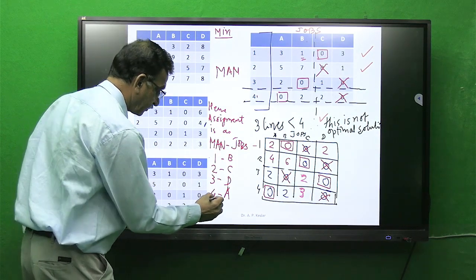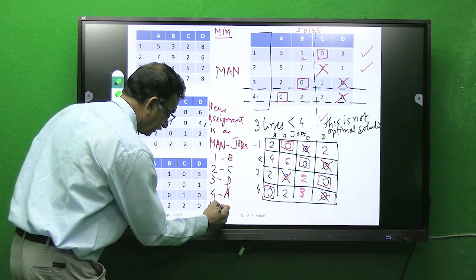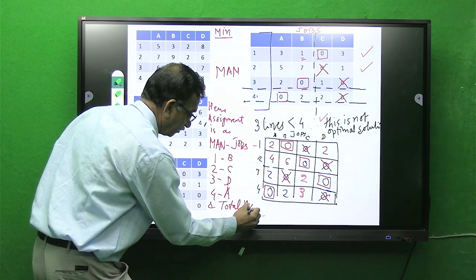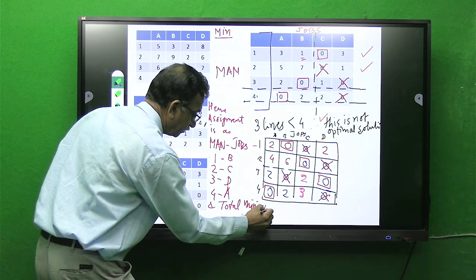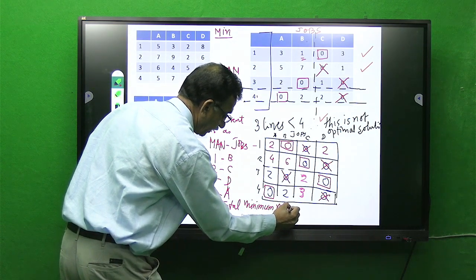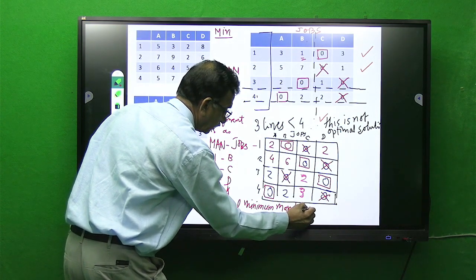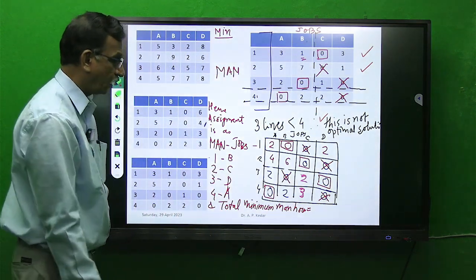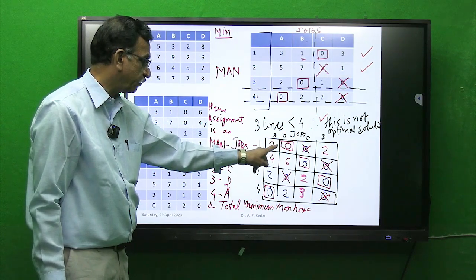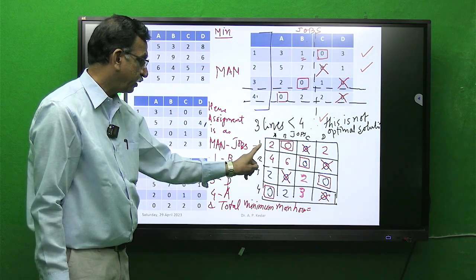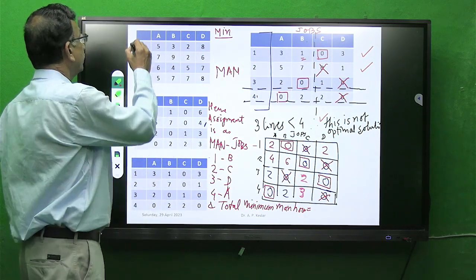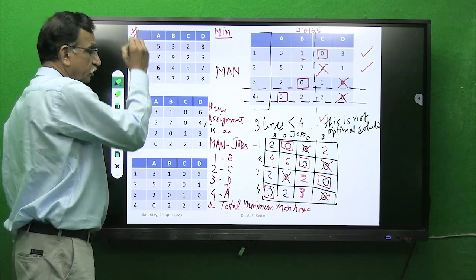Now we will see the total minimum man hours is equal to... How to interpret this result? See, this is the square cell where you got assignment 1B. Go to the original matrix. This is your original matrix.